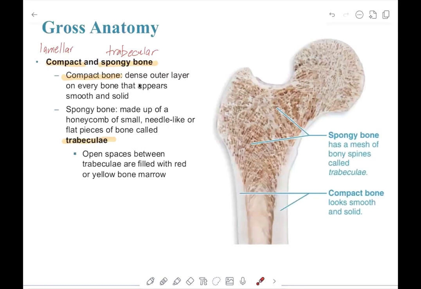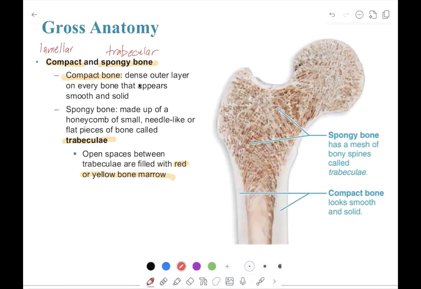Trabecular bone has open spaces between the trabeculae filled with red or yellow bone marrow. When we look at this image right here, this is probably of the femur, but it could represent the humerus as well, the proximal end of it.